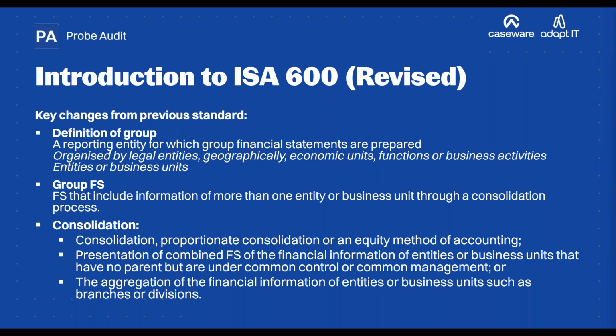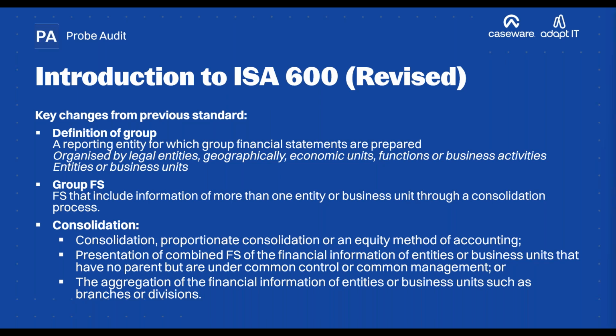Now, what does the consolidation process involve? Well, it obviously involves consolidation, proportionate consolidation, and so forth. It also involves the presentation of combined financial information, of the financial information of the entities or business units that have no parent but are under common control or common management.